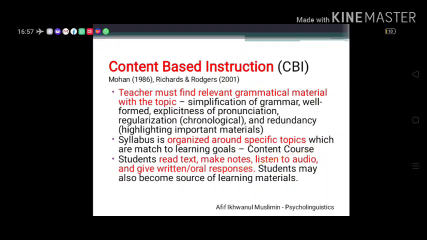The next one, the teacher must find relevant grammatical material with the topic. That's why the teacher tries to simplify the grammar in delivering the ideas, using well-formed or well-structured language as an example of creating good language and also creating input for students.